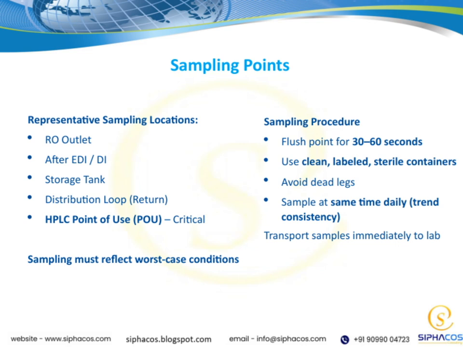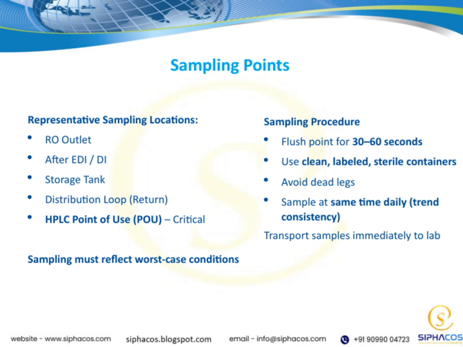Proper labeling is crucial, so we know exactly where each sample came from, and sterility prevents contamination that could skew our results. Avoid dead legs in the system, because these are sections where water tends to stagnate, which can give misleading samples. Consistency is key, so try to take samples at the same time every day. This helps us track trends over time reliably.